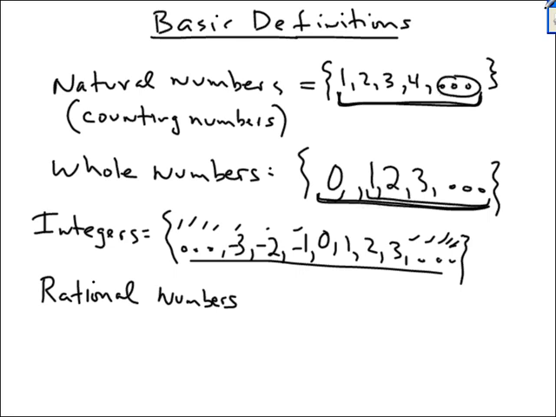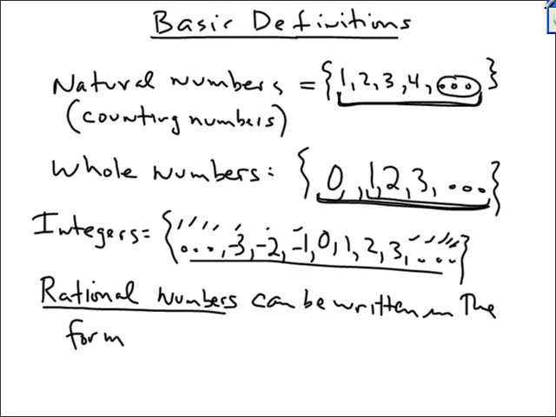The rational numbers can be written in a special form. Can be written in the form A over B. That's a division. But now I have to tell you where A and B can be.